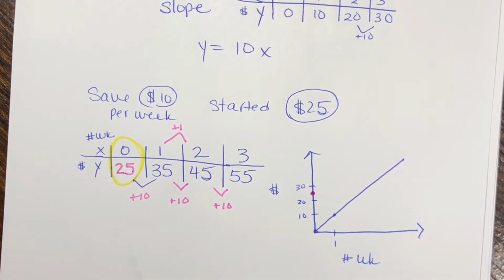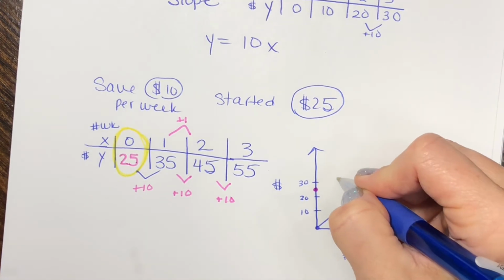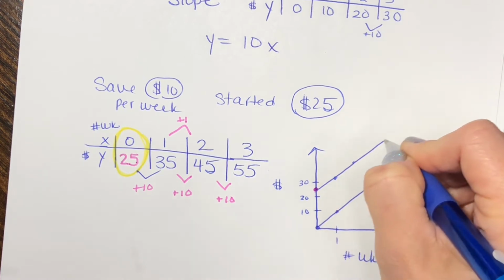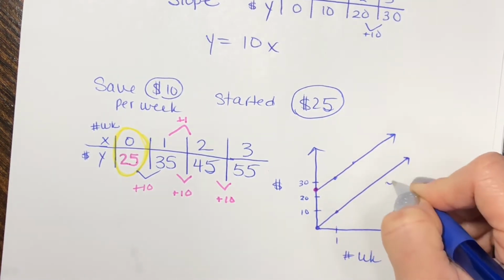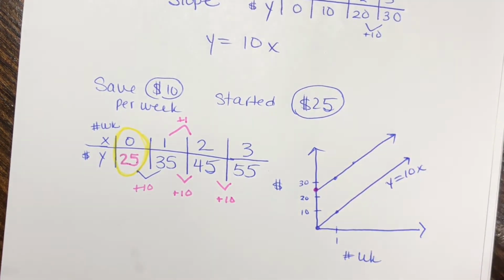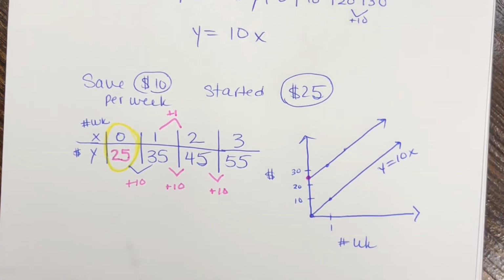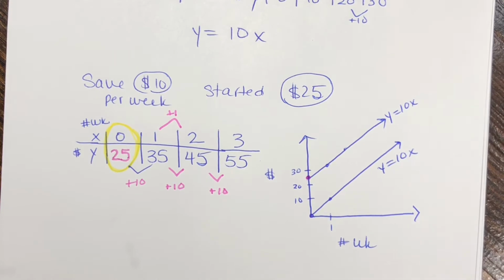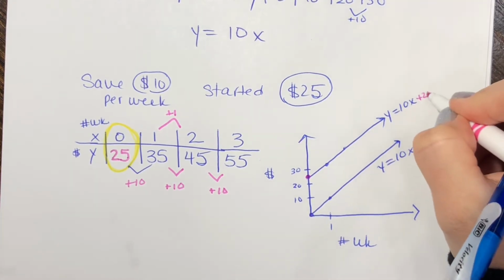And I'm still going to save $10 each week. So this is going to be right parallel to that, because if this is me saving $10 each week without any money to start, this is me saving $10 each week. Oh, and by the way, I had $25 to start.